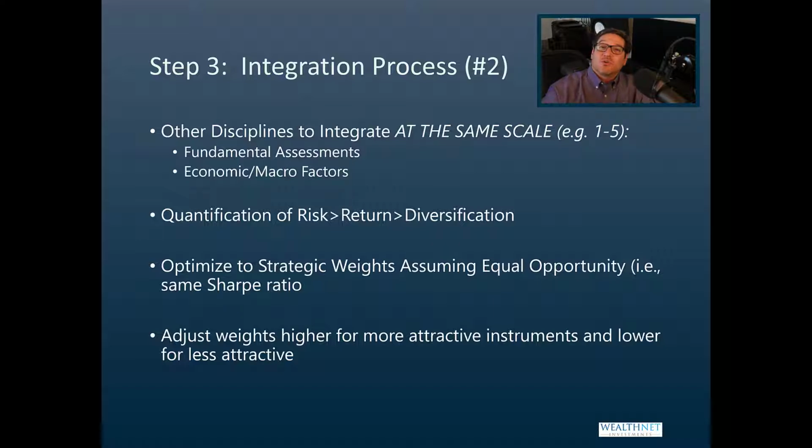That's a strategic way of looking at things and going from there. Once we've established that, then we can overweight, underweight, and we can change the portfolio construction based on our inputs. And we adjust those weights. For the more attractive instruments, we put more capital on them. For the less attractive instruments, we put less capital or out entirely.